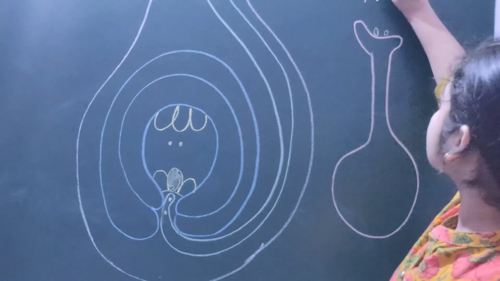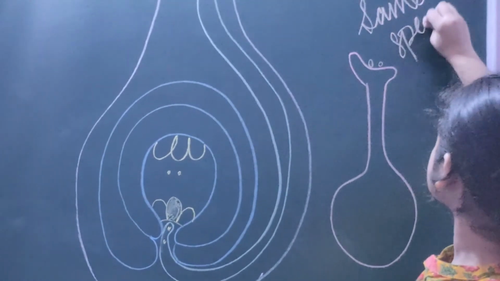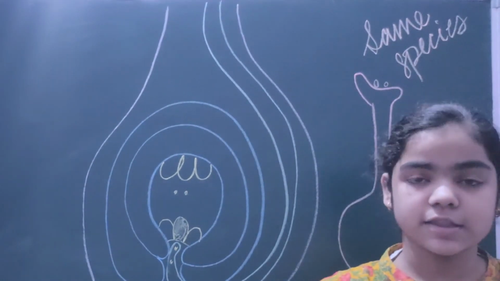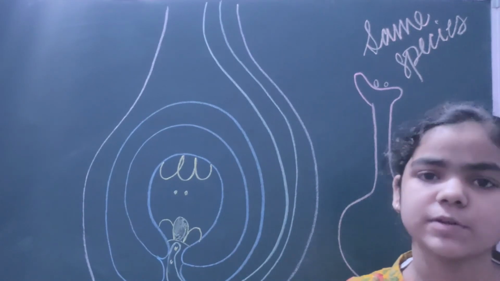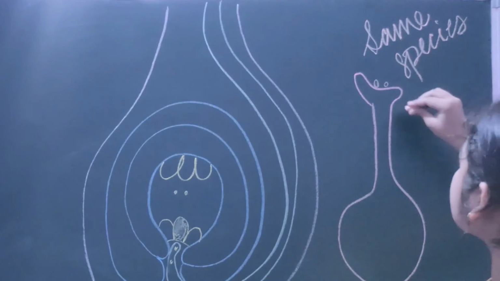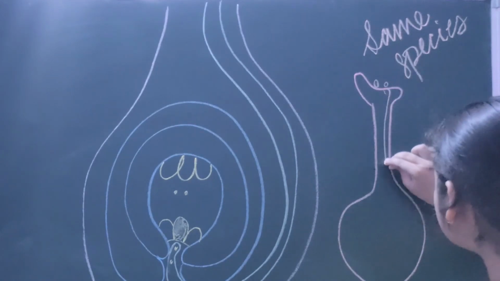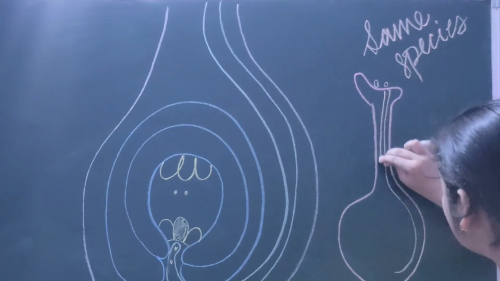If it is of a different species, fertilization will not occur. So make sure that you learn it this way, that the pollen grains of the same species fall, because if it is not of the same species, then it will disintegrate eventually. As soon as they fall, this sugary substance is produced, and this sugary substance takes these to the ovary.